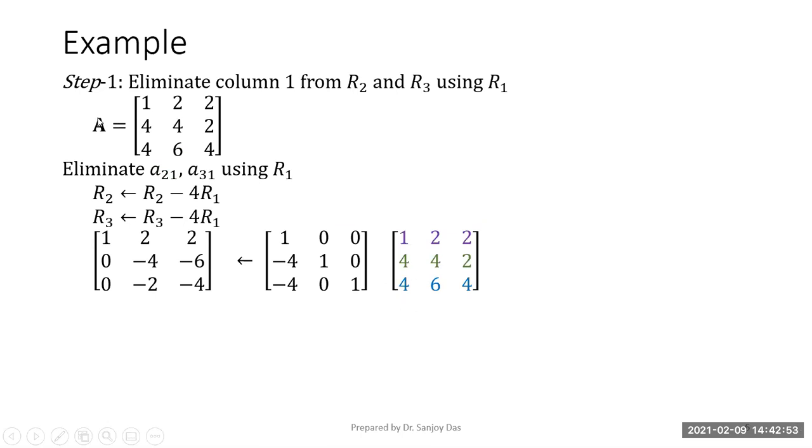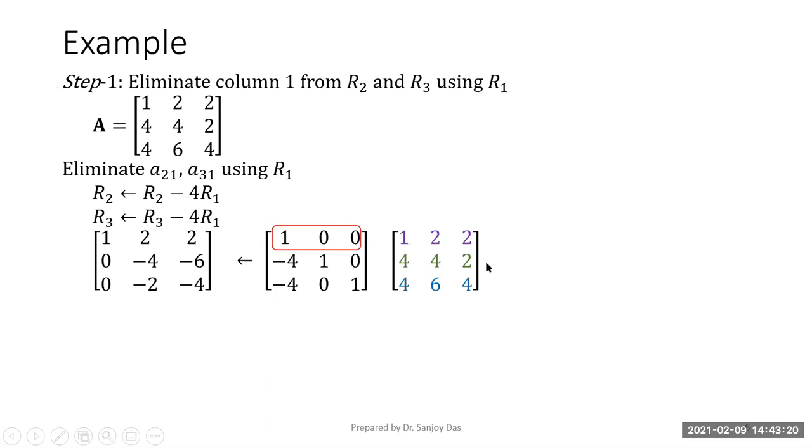So what I'm doing is I take my original matrix A, which is this guy here, and you see this matrix here. When I pre-multiply my original A with this matrix here, I get this matrix in step 1. Okay, and let's see how. Consider the first row here, 1, 0, 0.